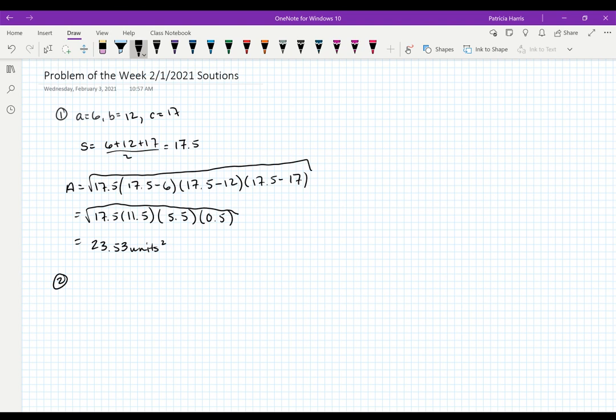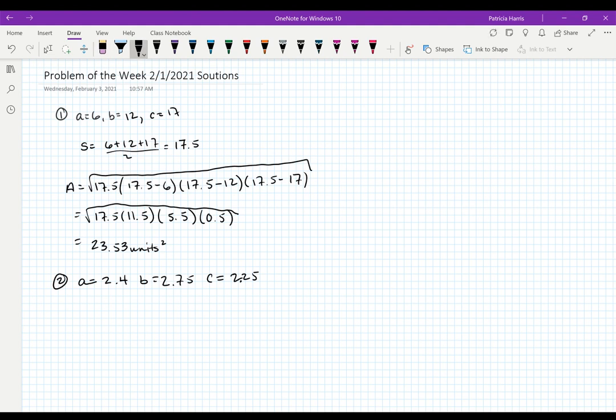Okay, again, this is another find the area, except the sides are decimals, not nice whole numbers. Again, you're going to use the same formula, Heron's. Oops, the decimal point is in the wrong spot, right there.